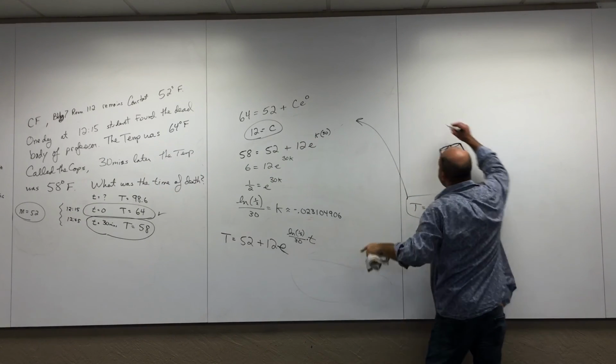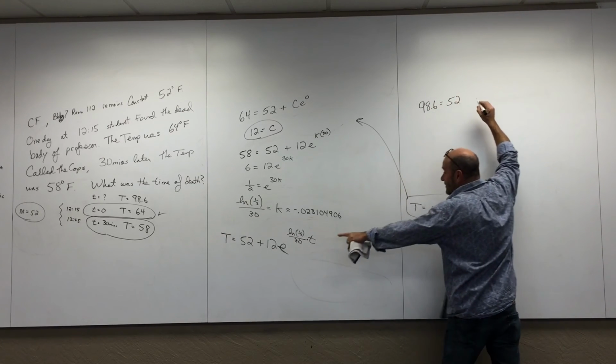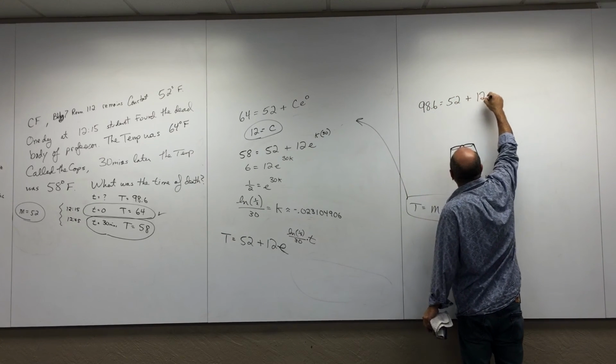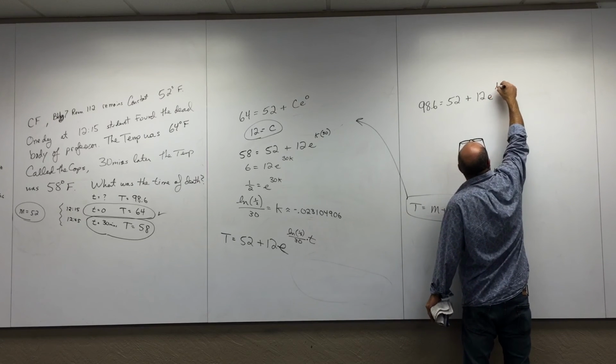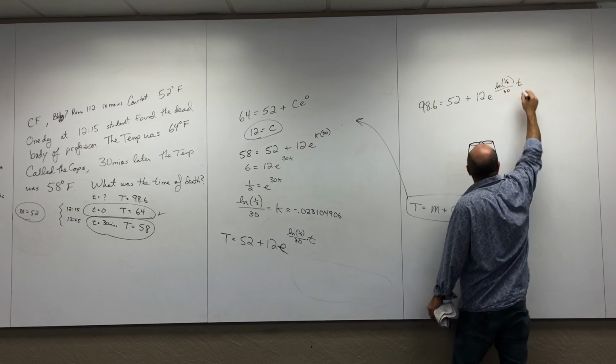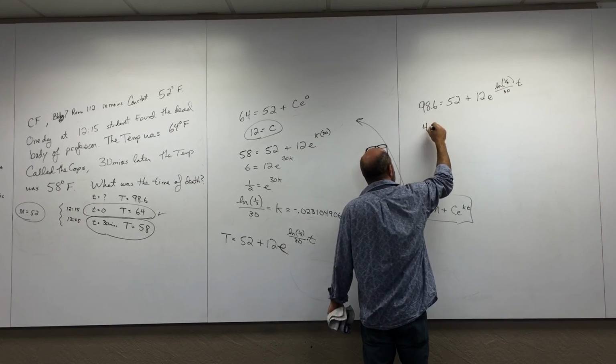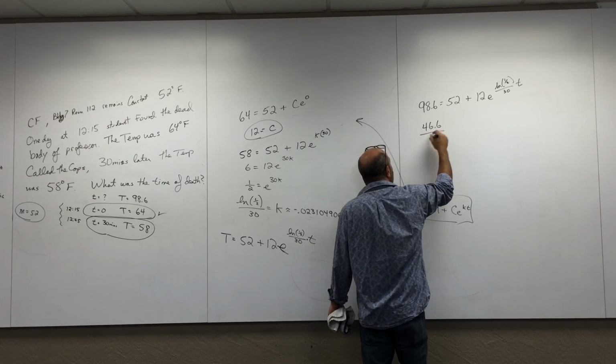So we plug in a 98.6, and we try to solve for T. This is going to be interesting. So you subtract 52, 46.6, divide by 12.